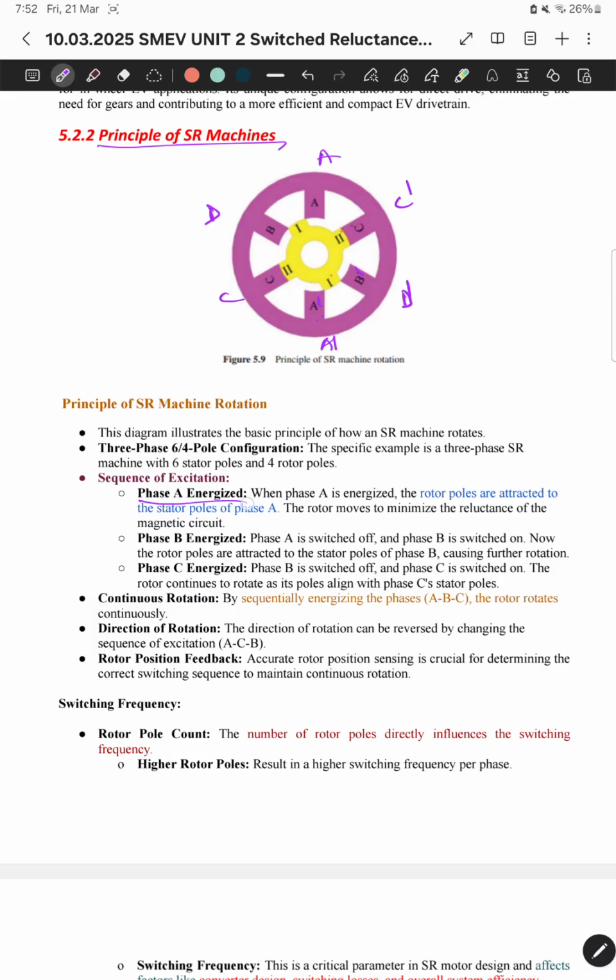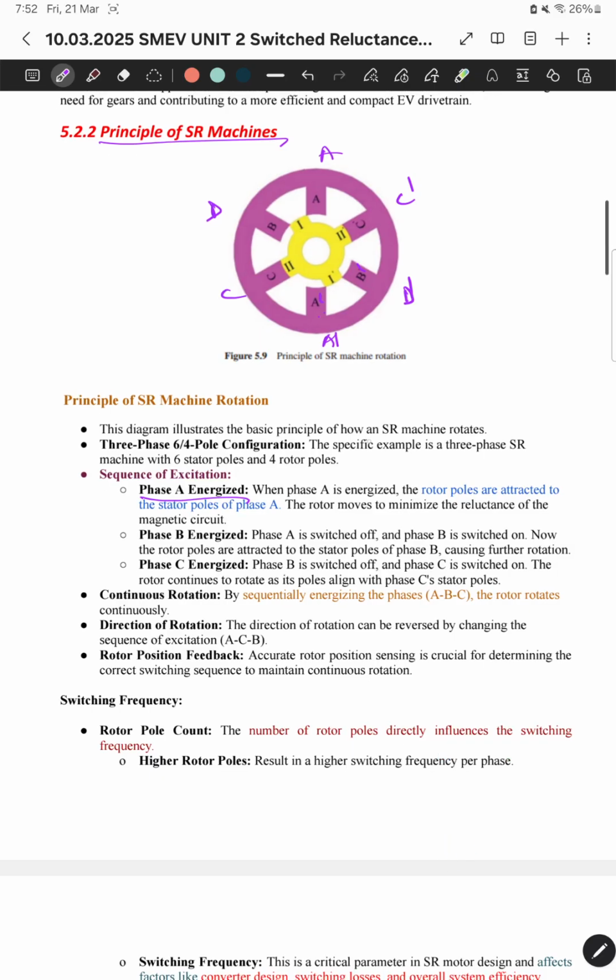What I'll try to do is energize each phase separately, so it will follow the minimum reluctance path. Reluctance is analogous to the resistance term. As current always flows through the minimum resistance path, similarly flux also flows through the minimum reluctance path. So I'll provide a minimum reluctance path by energizing certain pole pairs.